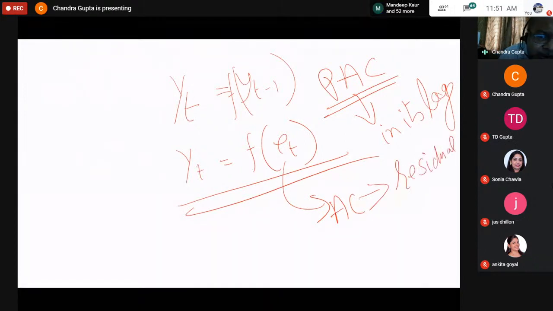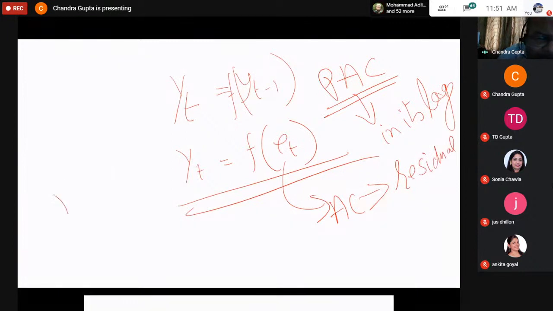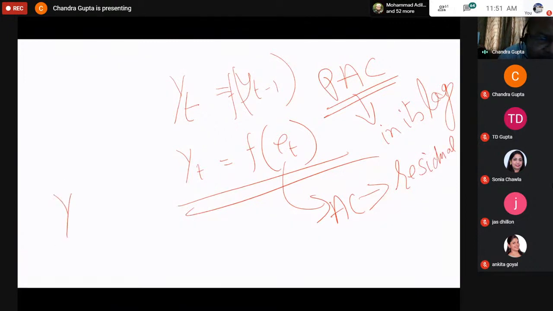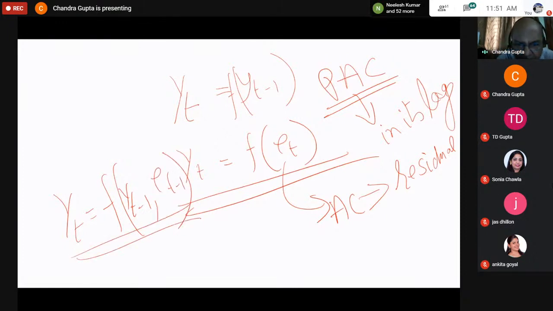So I should make a model. If they are coming to be significant, I should make a model of YT, which is a function of YT minus 1 or ET minus 1. There we make use of AC and PAC in order to identify where the information is hidden. Is that clear?